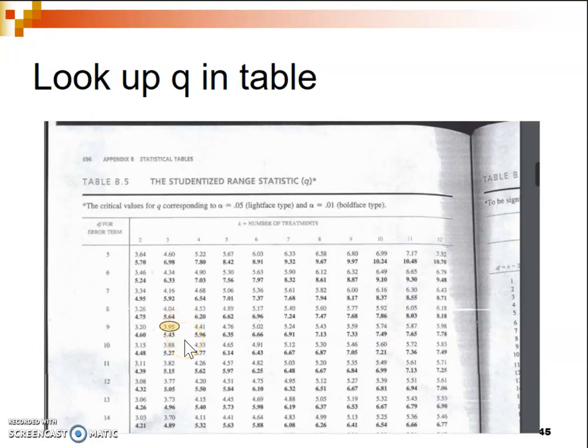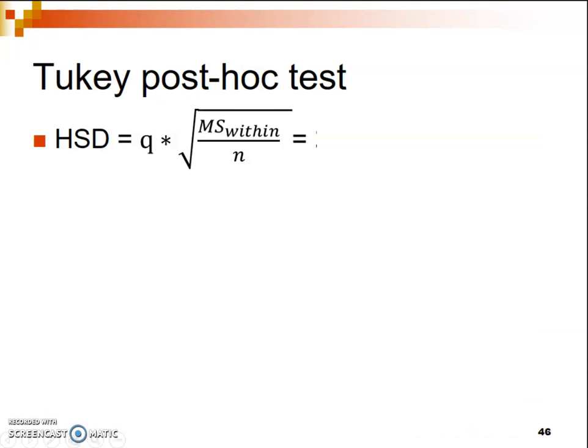We're going to use that same alpha level for our Tukey test as we did in our overall hypothesis test. We were using an alpha level of 0.05, so we're going to stick with that. We'll take the non-bolded value, which gives us 3.95. We're going to plug that value for Q into our equation for solving that HSD value.